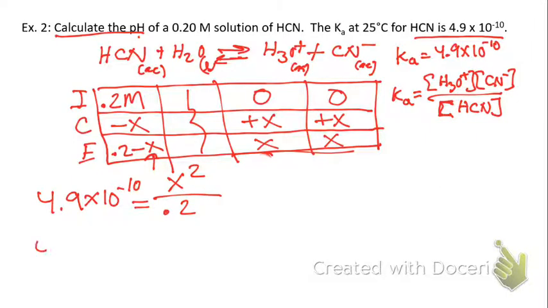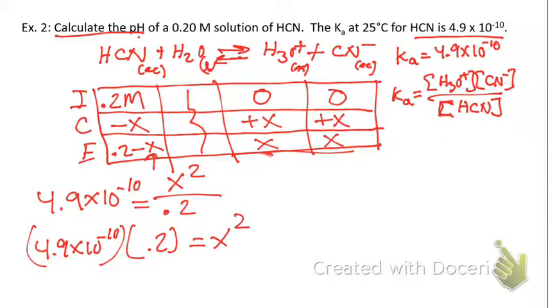I'm going to take 4.9 times 10 to the minus 10, multiply that by 0.2, which is equal to x squared. Essentially doing the math, 0.49 times 10 to the minus 10 times 2 is 9.8 times 10 to the minus 11, which equals x squared.